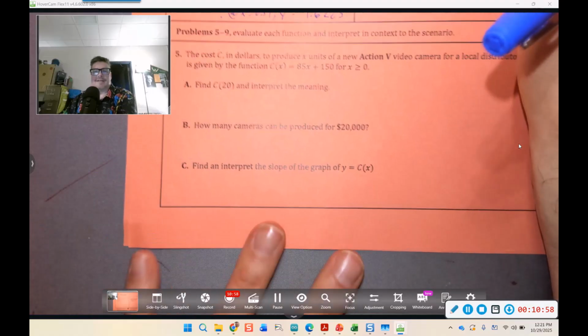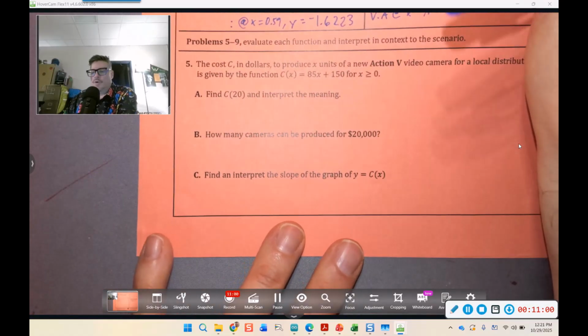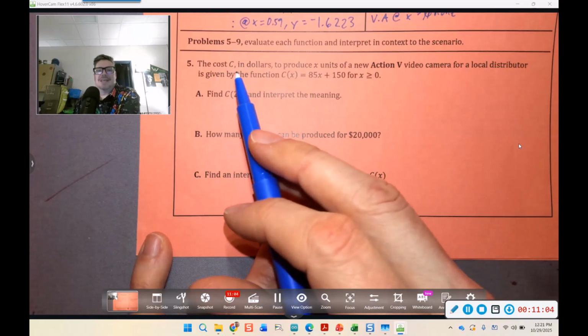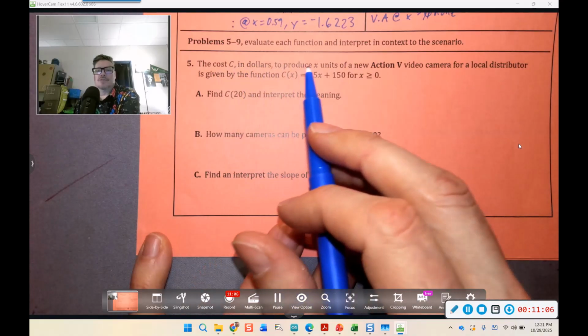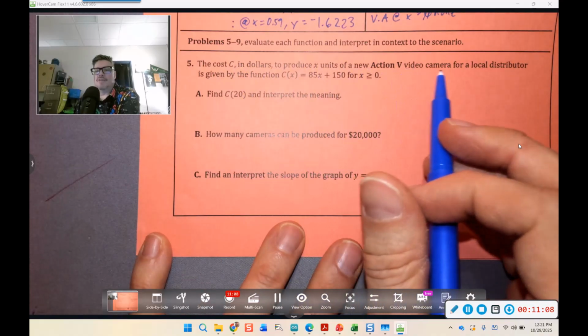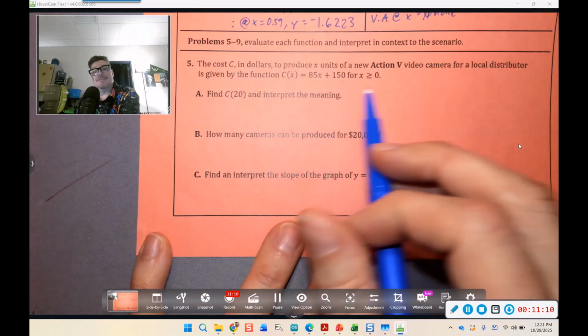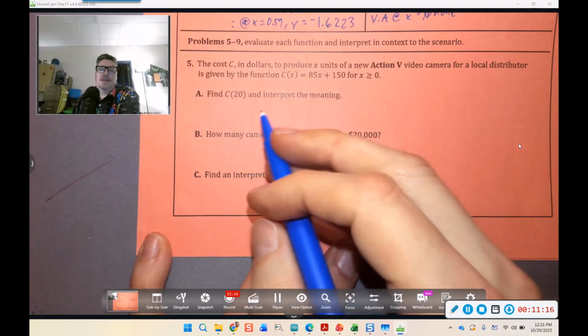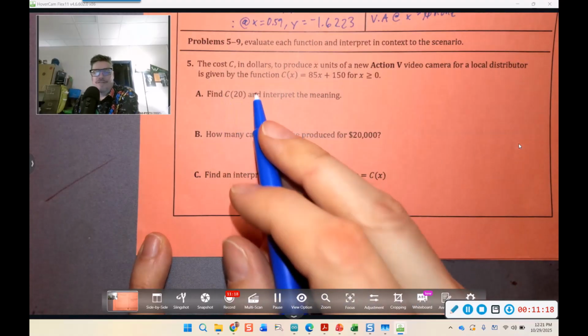All right, let's look at this. Where are we at? 10 minutes? Let's include this one. The cost C in dollars to produce x units of a new Action V video camera for a local distributor is given by this function right here. And x actually has to be greater than or equal to 0. So what is C of 20?